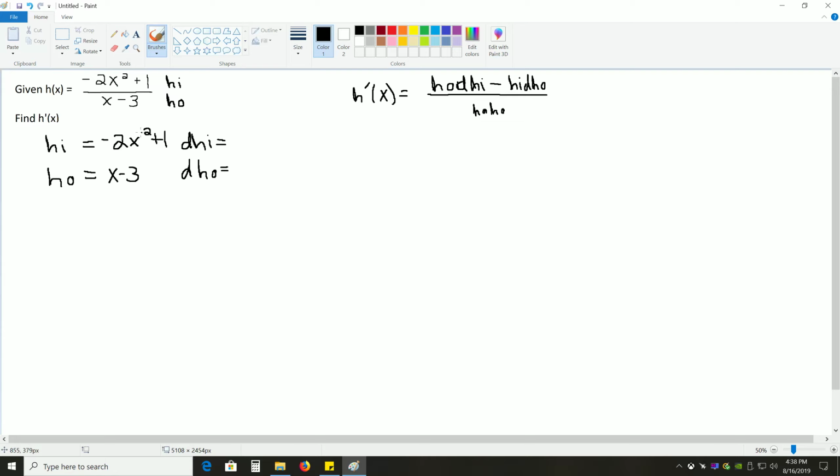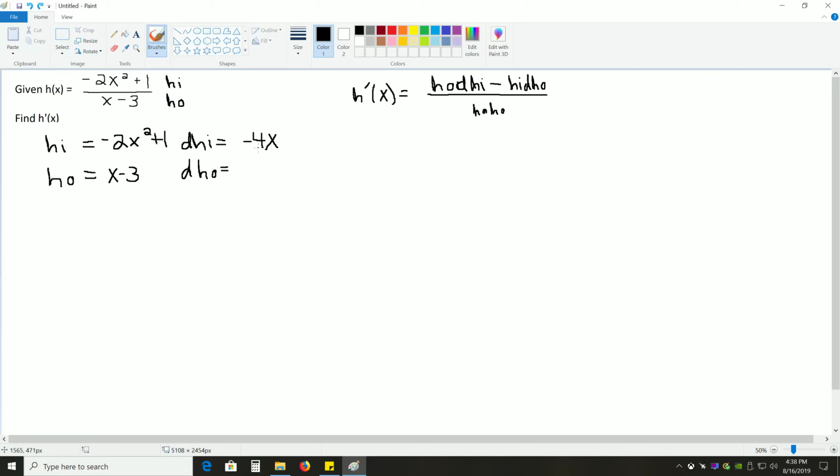D hi, that's the derivative of negative 2x squared plus 1. So remember, we multiply the exponent out front. That gives us negative 2 times 2 is negative 4, times x to the, and we subtract 1 from the exponent, so 2 minus 1 gives us x to the first, which is just x.